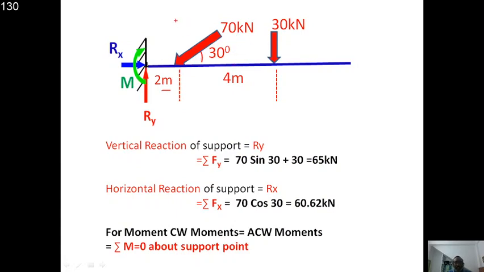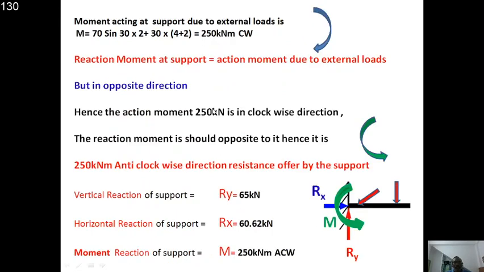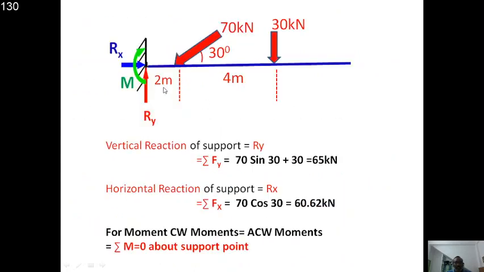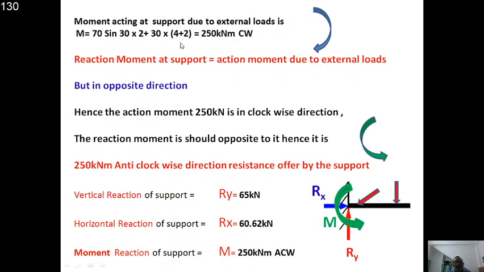Due to that, the force will come as a downward vertical, that is 70 sine 30, and it is multiplied with the 2 meters, plus 30 into 4 plus 2. 4 plus 2 is the distance, so this is the 2 meters and 4 meters.